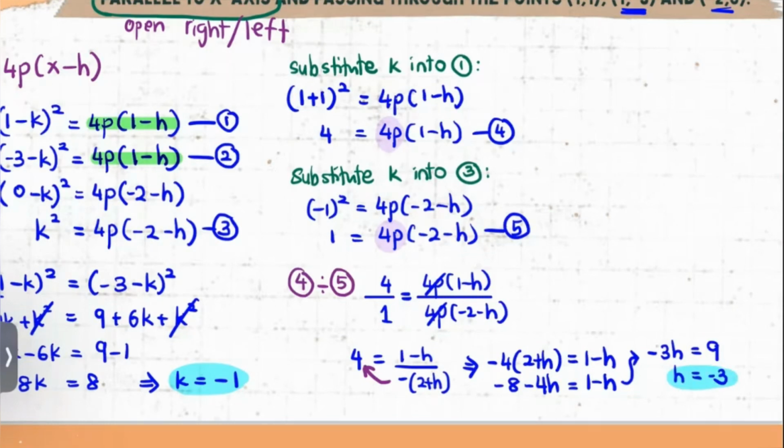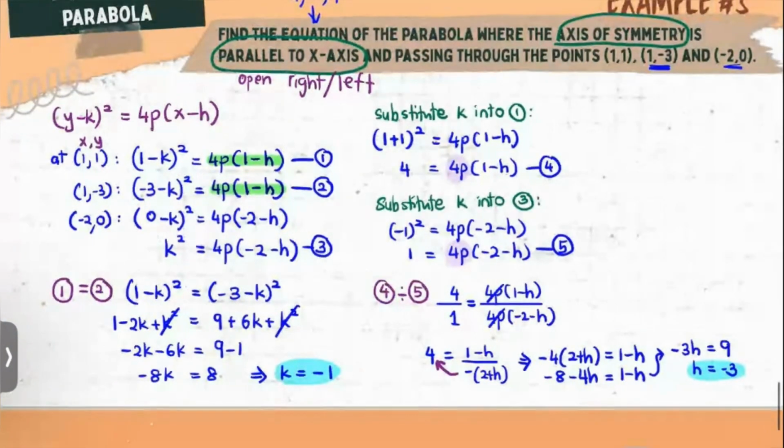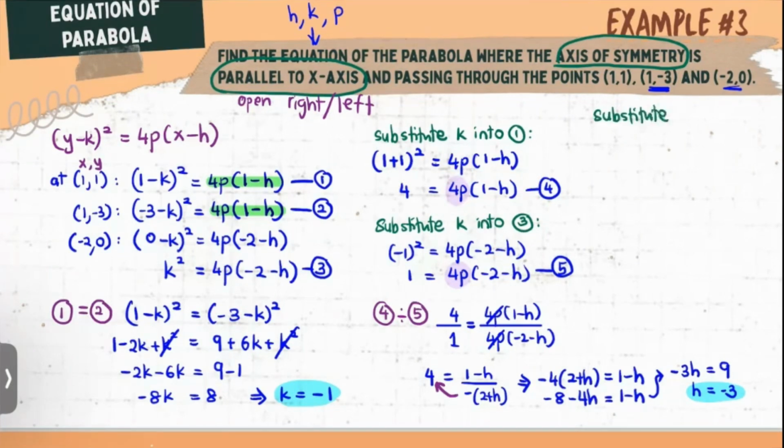And last sekali, kita perlukan P. So, P boleh masukkan dekat mana-mana lah. So, nak senang saya gantikan P dekat sini. Okay. So, I am going to substitute H and K into equation 4. Okay.